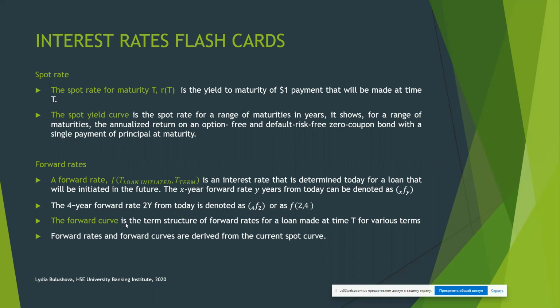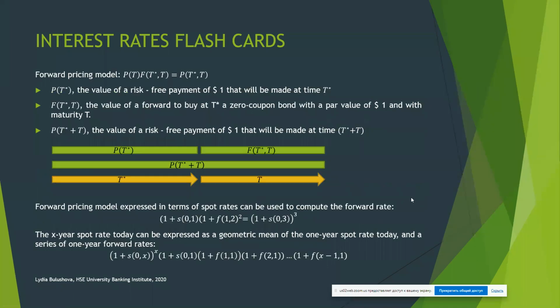If we are talking about lending in 2 months, in 3 months time, in 5 years from today, and so on, we denote it like this, where X year forward rate, Y years from today. So that's a bit out of the scope of this course.